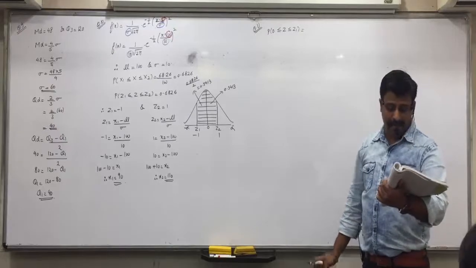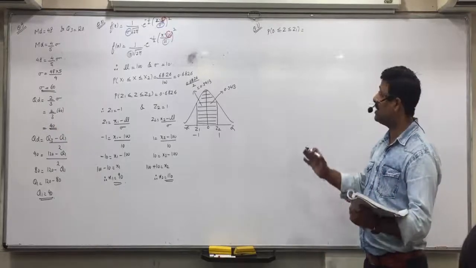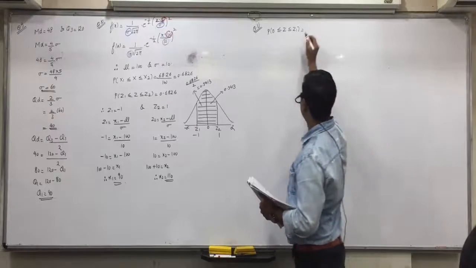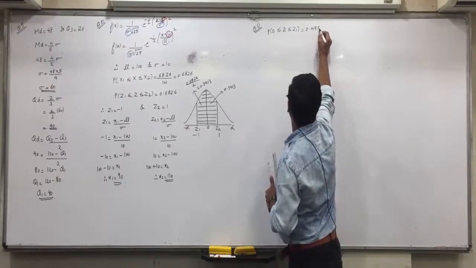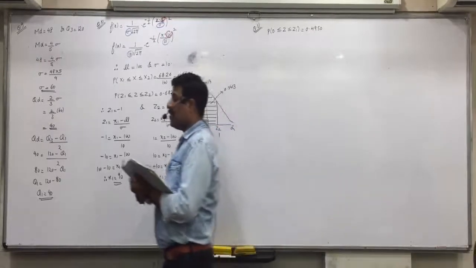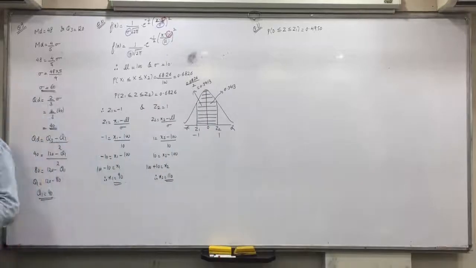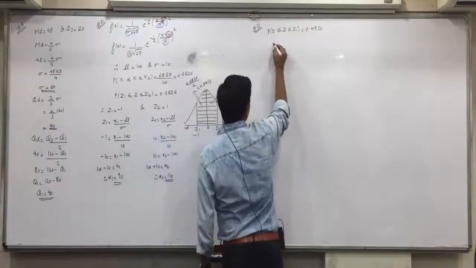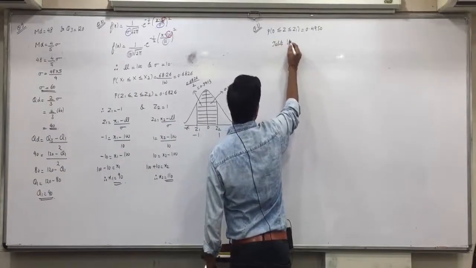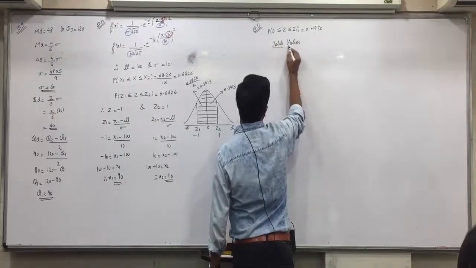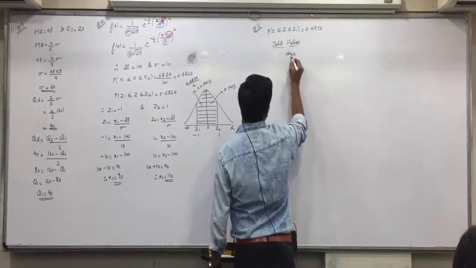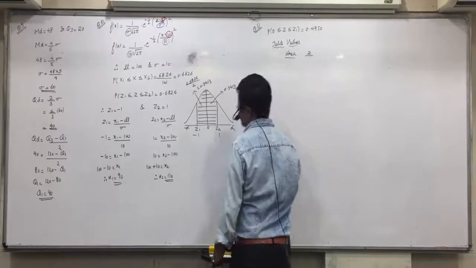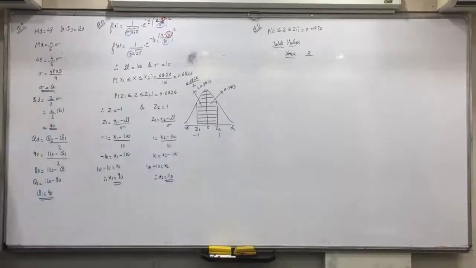Probability that it lies between 0 and z1, means P 0 less than z less than z1 is 0.4950. No need of any diagram. It's already from 0. Directly we have to see the table values, area and z.